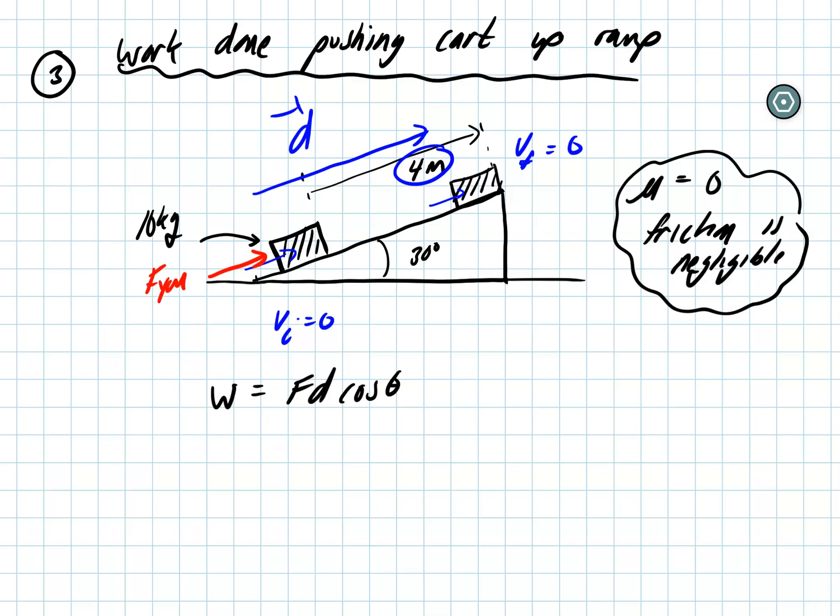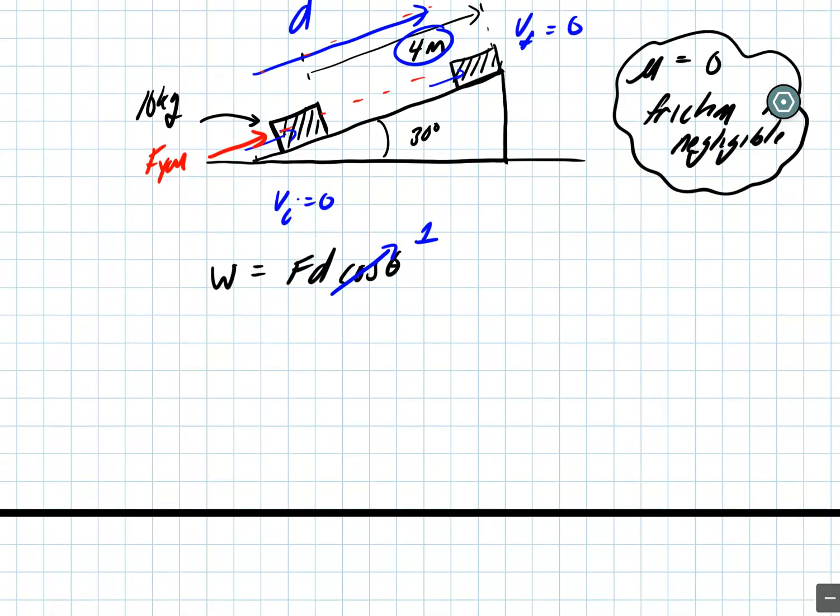And we can see that the distance vector and the force vector are completely aligned, so the angle between them is 0. So cosine of 0 is 1. So this simplifies to just F_U times D.